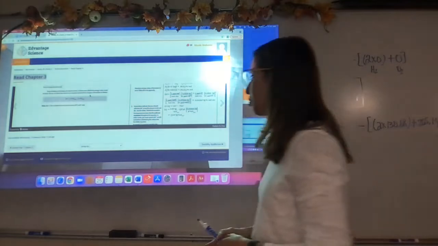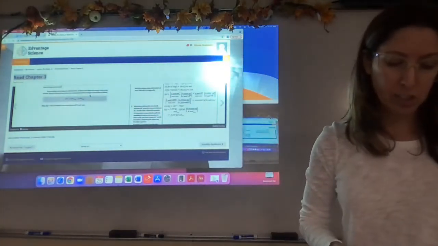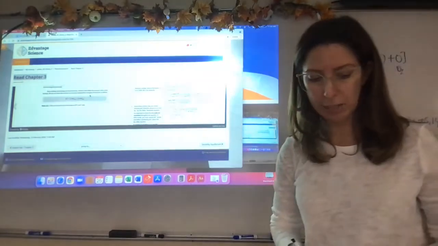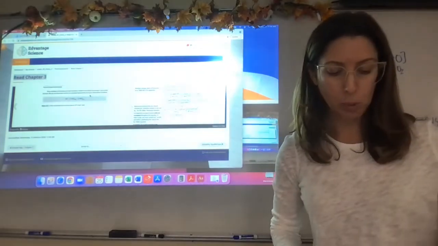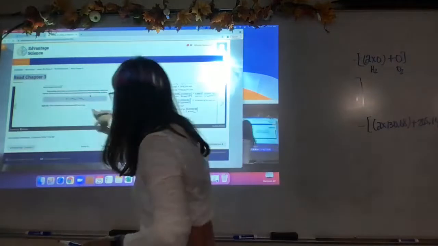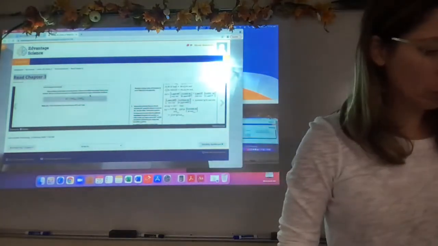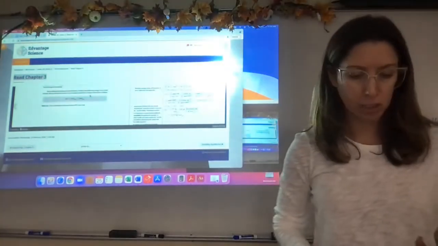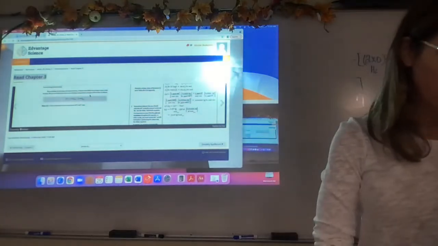And note that the standard delta G for an element in its normal state, meaning is it normally a gas, is it normally a solid, at 25 degrees Celsius and 1 atmosphere, is equal to 0. And that is available right here underneath as a definition underneath how to calculate delta G. So we're going to use the same process that we used in another section for calculating delta S and delta H using the reference values in the back of the book.